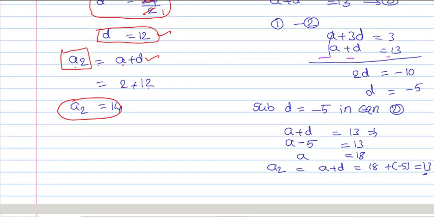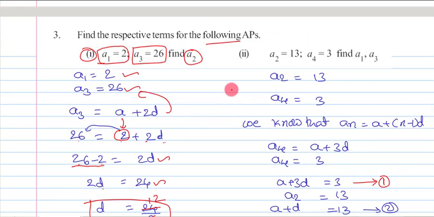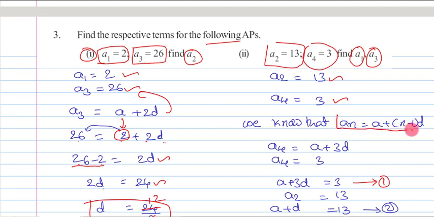In a similar manner, let us observe the second problem in the third bit. Here they mention A2 as 13 and A4 as 3, and they ask us to find the first term and third term. If you observe, A2 is 13, A4 is 3, and we know the nth term of AP, An is equal to A plus of n minus 1 into D. In this, A4 is equal to A plus 3D.